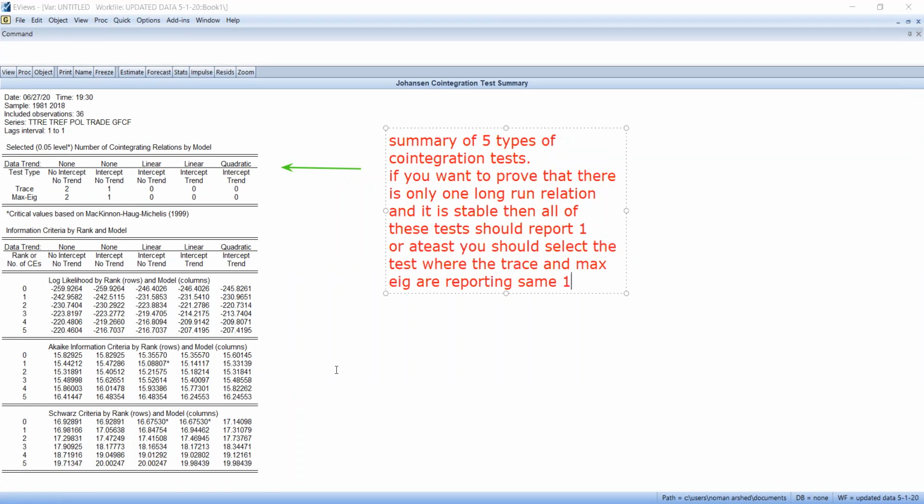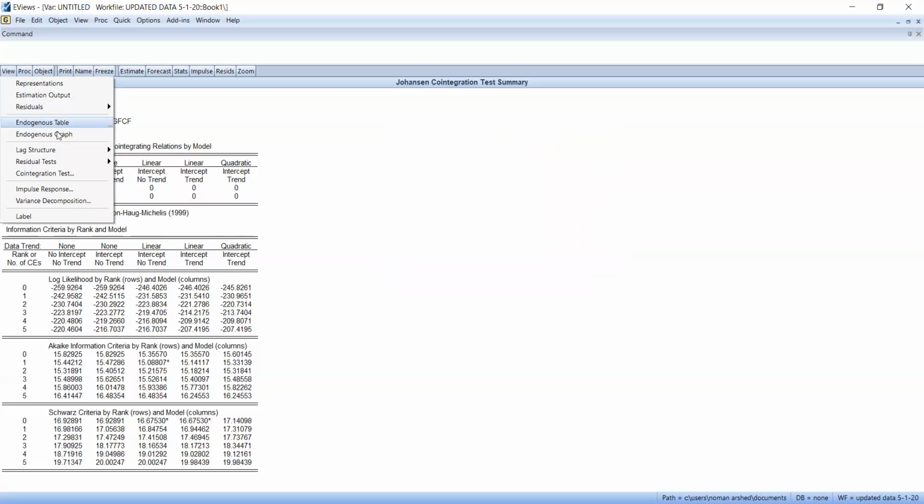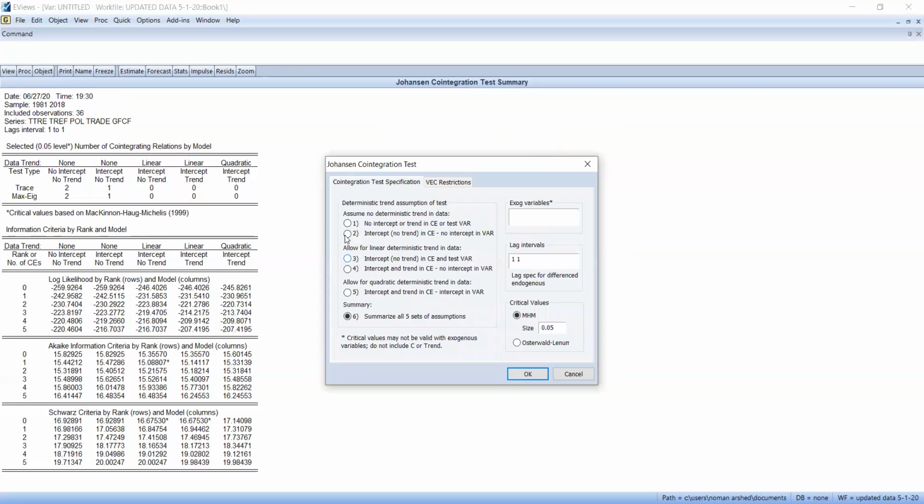But the beauty of this model is you can prove more than one equilibrium if your theory is allowing it. So I should use the second model for this tutorial where it is showing 1 1, because it will give me stable and significant results. So I will go back, use the second model, go to 1 1, and okay.